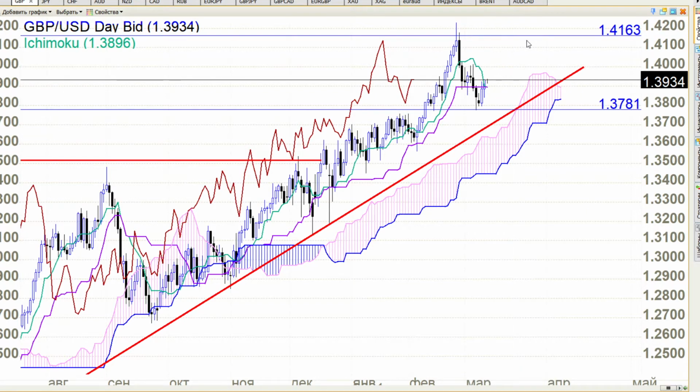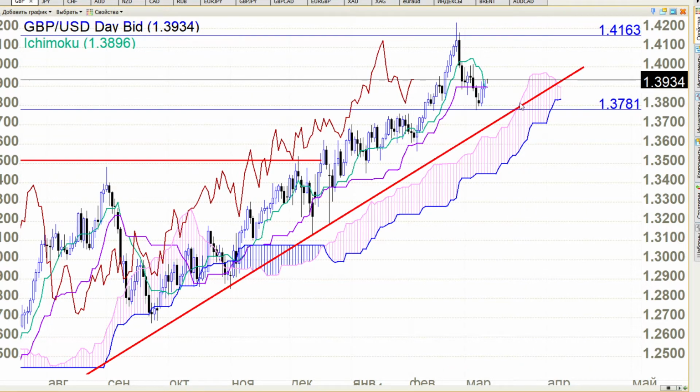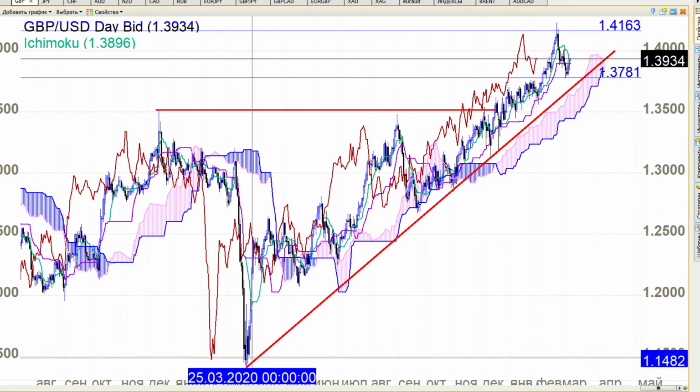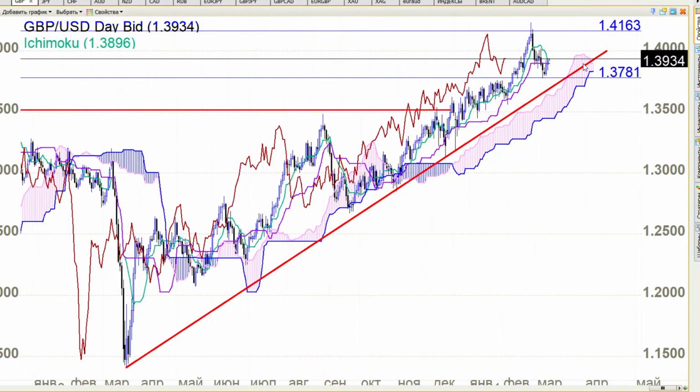The general idea to go up to 143 is good, but only if they stay above this tendency. You can see this upgoing tendency. Until they break it, we don't sell. We don't open short positions on the weekly chart, okay?